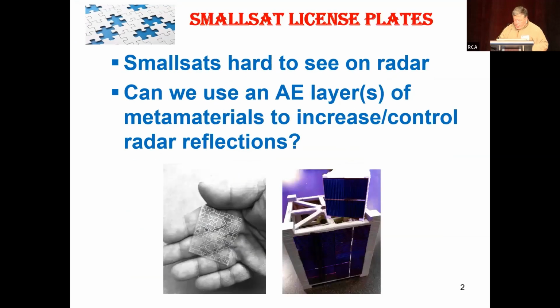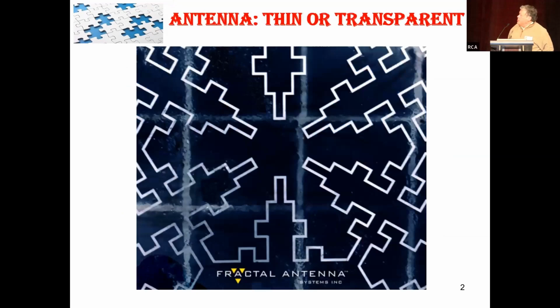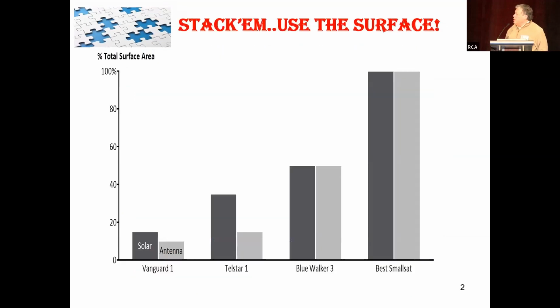Now, let me just show this diagram. This is a histogram showing the percent of surface area being used for solar collection, that's the blacks here, versus the amount taken up by the antenna. And of course, this is all normalized to the total surface area of that given satellite. So you can see very little percentage of Vanguard 1 was devoted in surface to collecting sunlight, and very little was devoted to the antenna. More so on Telstar 1.